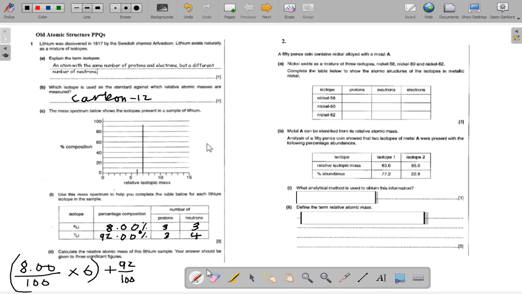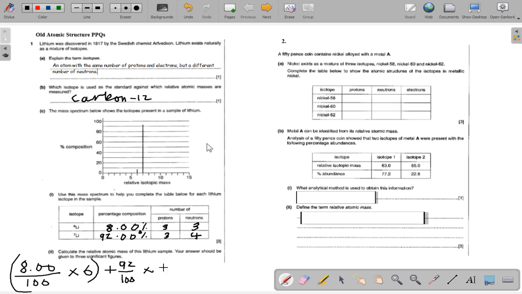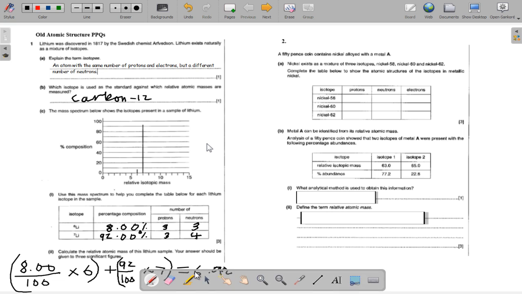I haven't got much space, so I'm just going to simplify. That's 92 over 100, and then that should come out as 6.92. Now, relative atomic mass has no units, so you put 6.92 and just that.